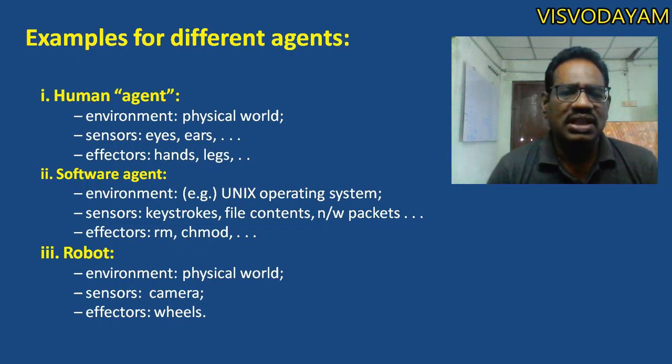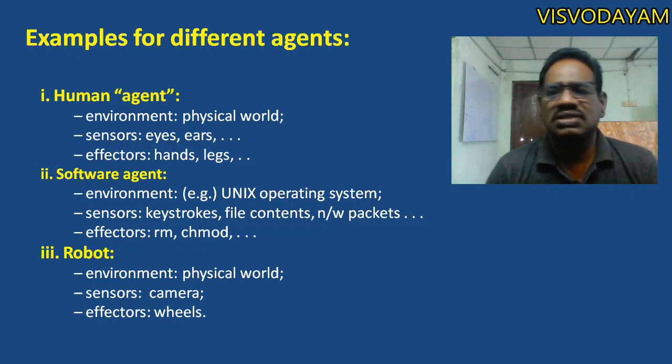And for doing certain effects based on the robot's requirement, it may have wheels, it may have end effectors. Suppose the robot is intended for painting work, the camera will sense the area that has to be painted. The effectors will have a spray gun or brush which can do the operations.